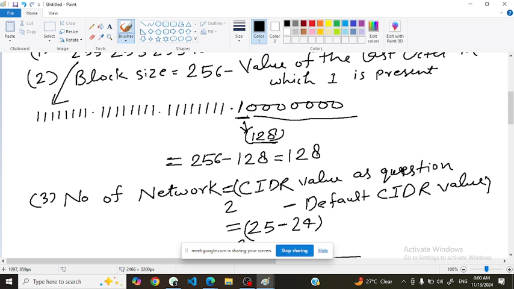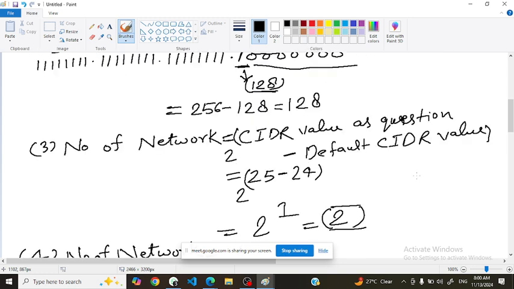Then I will move on to the number of hosts. Anyone who has a doubt, please ask me. Otherwise, tomorrow I will not repeat it.